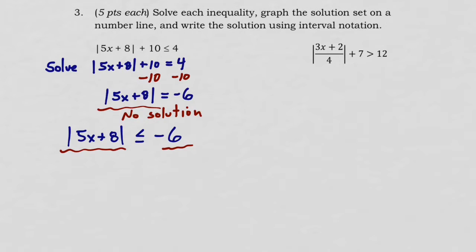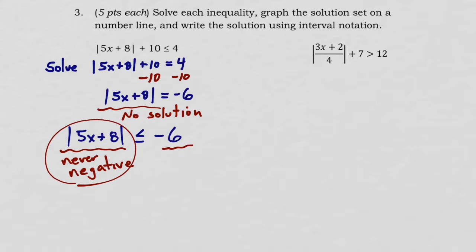The absolute value symbol is never negative. The only values that are less than negative 6 are going to also be negative. So this expression can never be less than negative 6. And so there's no solution. The overall answer to the inequality is no solution.